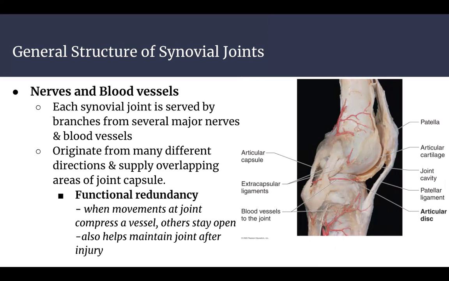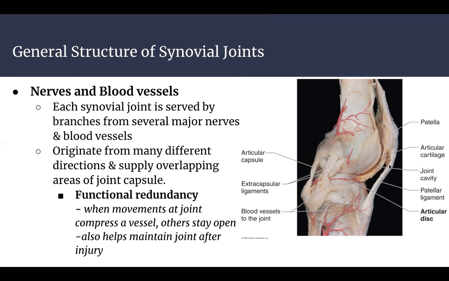Now, each synovial joint is served by branches from several major nerves and blood vessels. Again, we are looking at the knee joint here because here's the patella, the kneecap bone.